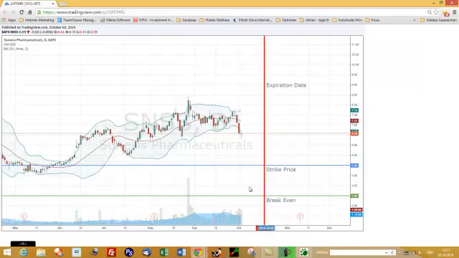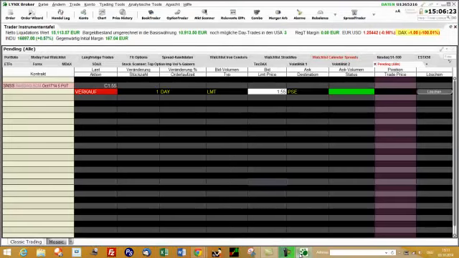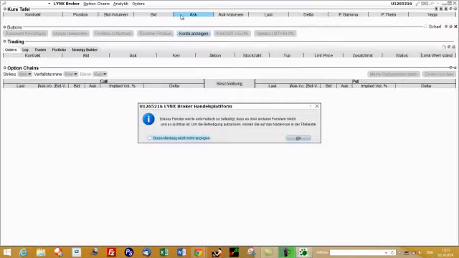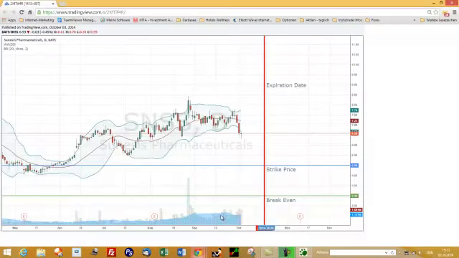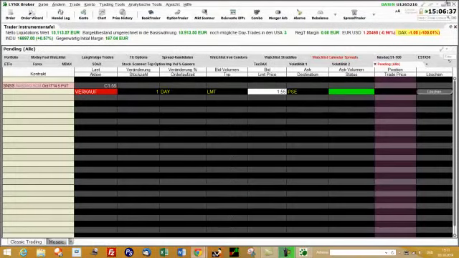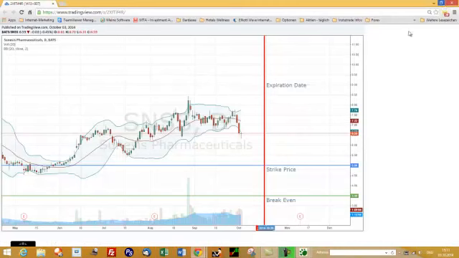So that's a very high probability setup, and when we look at the delta, where have I got the delta? I'm not sure, but the delta is about 21%. This means that the probability of closing below $5 is only 21%, and the probability of closing below break-even is even lower.